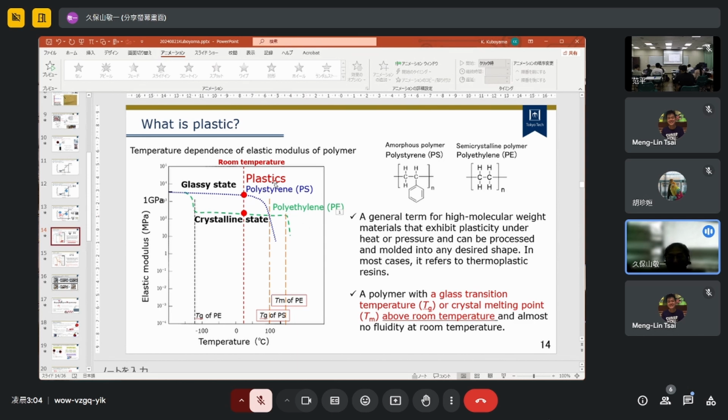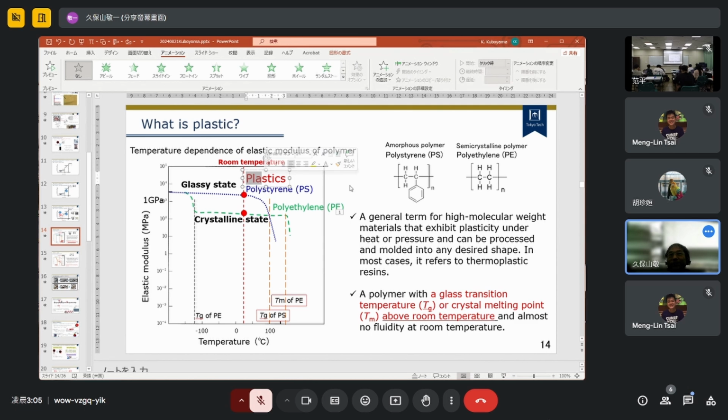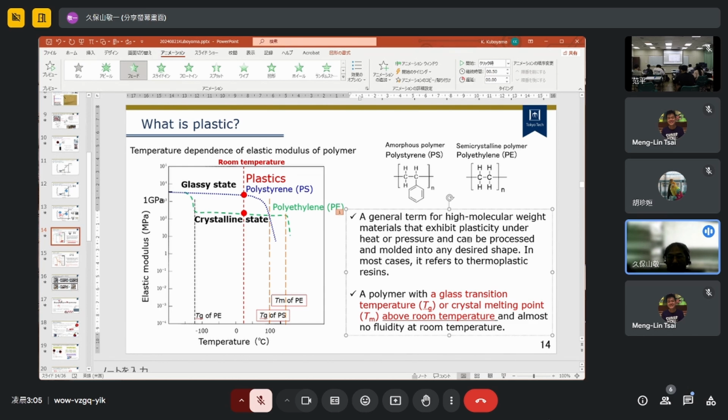So the important point for plastics is that the glass transition temperature or the melting point is above room temperature. That is very important. Plastics means plasticized. At a higher temperature, the polymers can be plasticized, so they are called plastics.